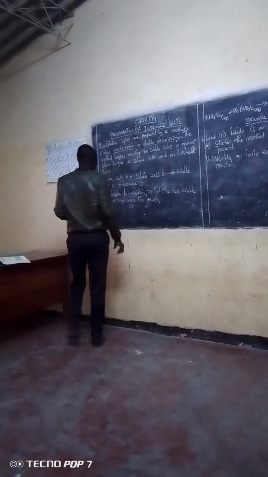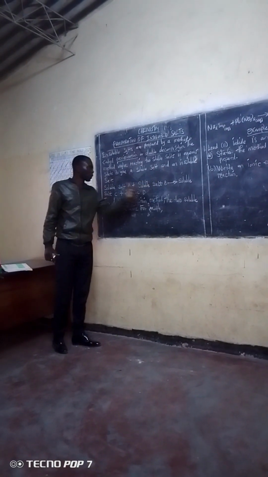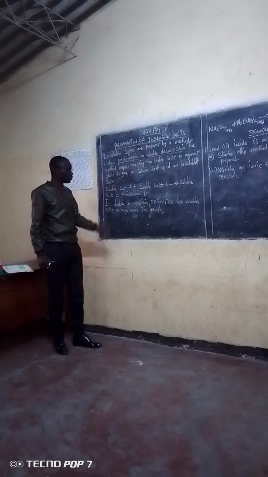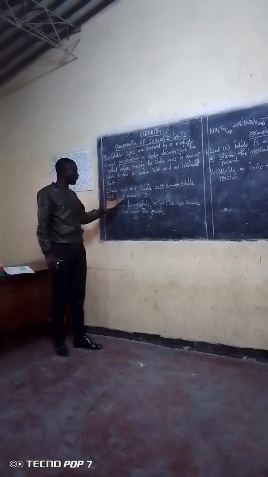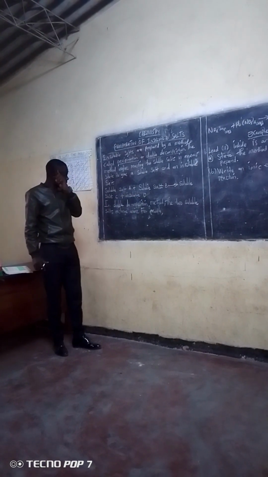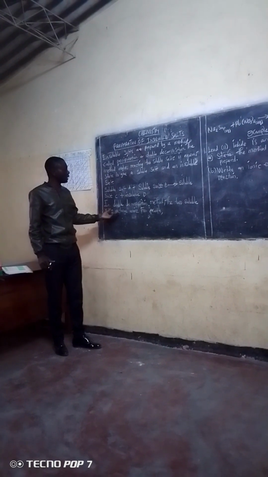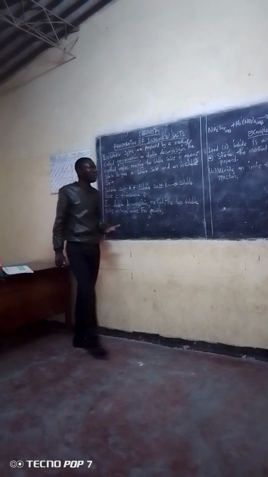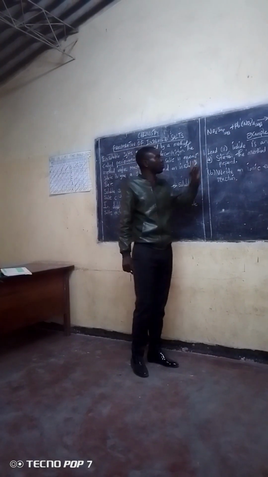For example, when you have soluble salt A and soluble salt B, when they react, they will give a soluble salt C and an insoluble salt D. That's what happens. Now, let's look at an example. We have sodium sulfate and lead(II) nitrate.